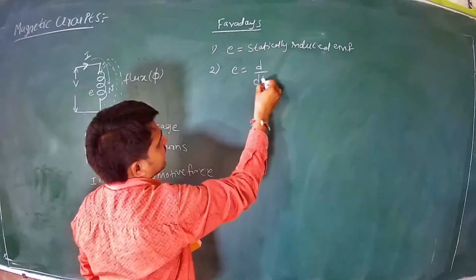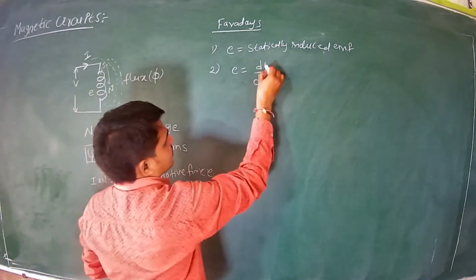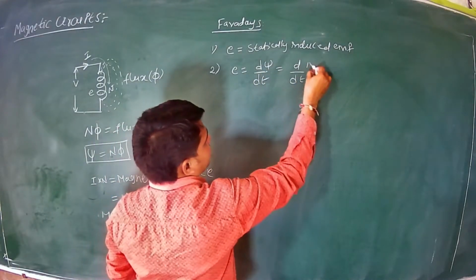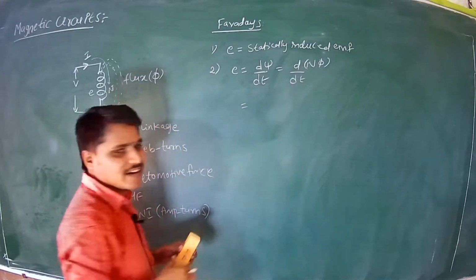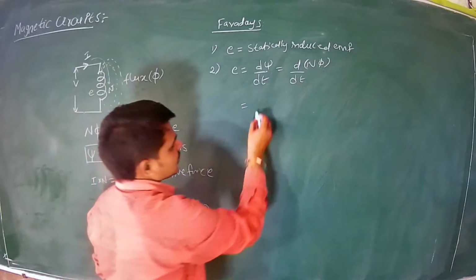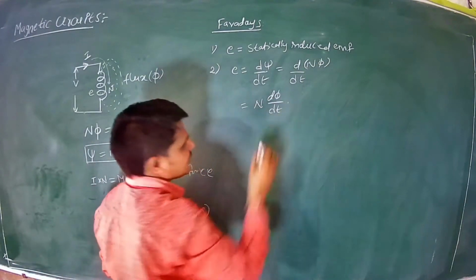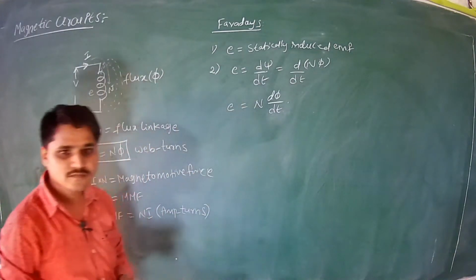What is the flux linkage? This is psi. Therefore, d by dt of psi is nothing but N into phi. Here N is a constant number of turns. Therefore, E equals N d phi by dt. So this is the induced EMF.